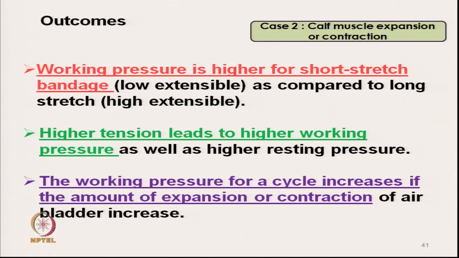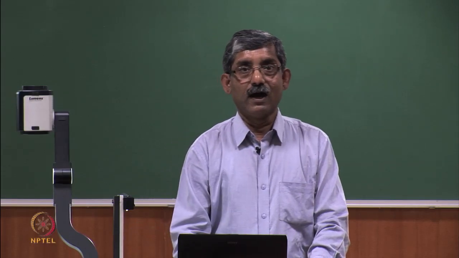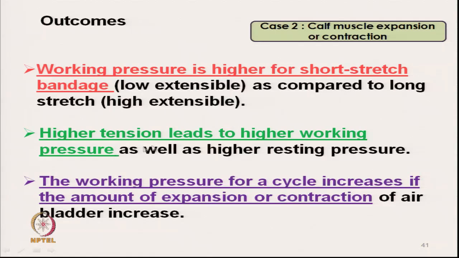So, pressure is high if we use a short stretch bandage. Higher tension leads to higher working pressure, that is obvious, that we have already discussed using the Laplace equation. The working pressure for a cycle increases if the amount of expansion and contraction of air bladder increases, that we have already seen.